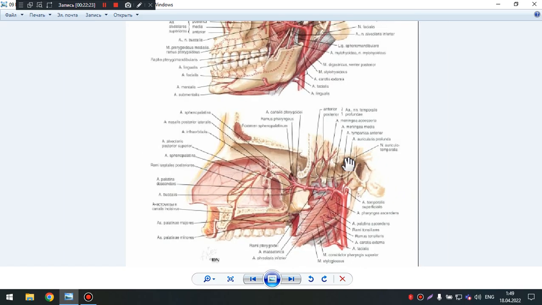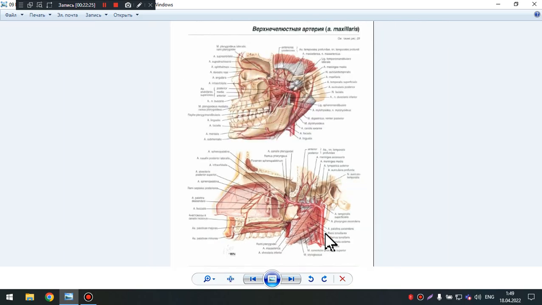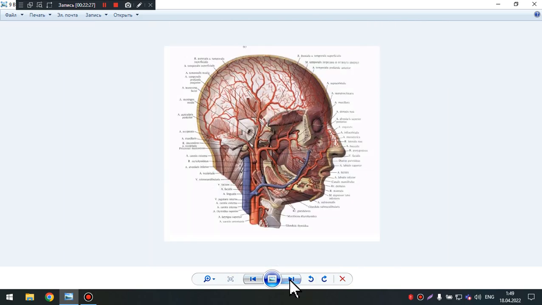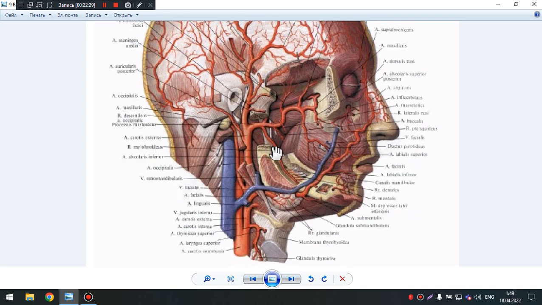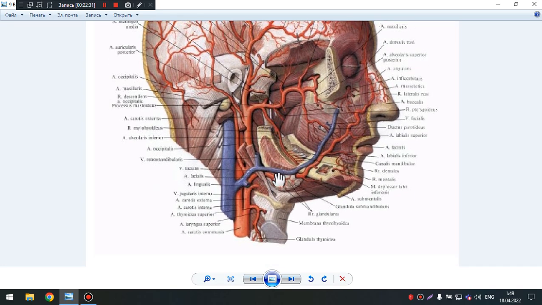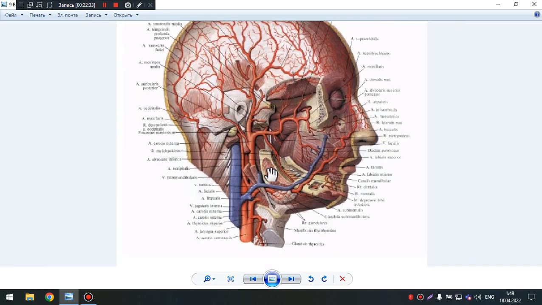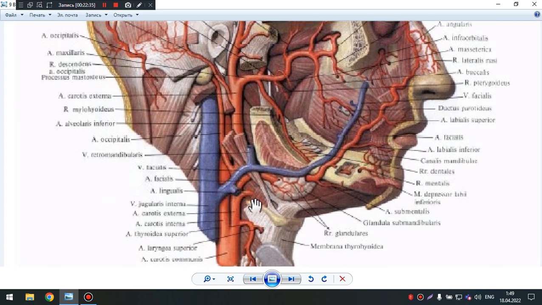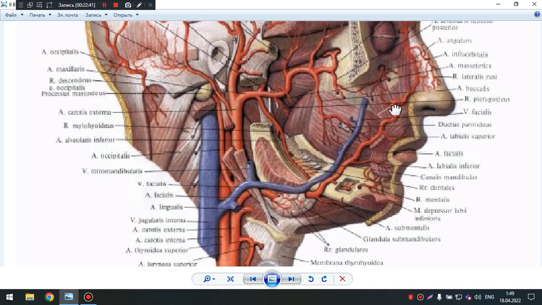This is the maxillary artery. Here we can see the branches of this artery. This is the superior thyroid artery, lingual artery, facial artery.